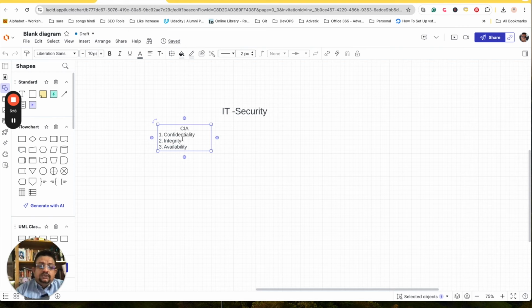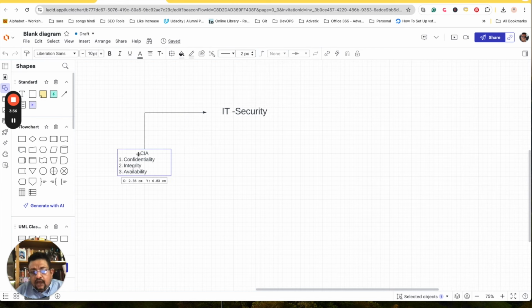This is the basic CIA triad, a very common practice in IT security. So we can say IT security is confidentiality, integrity, and availability, commonly known as the CIA triad.